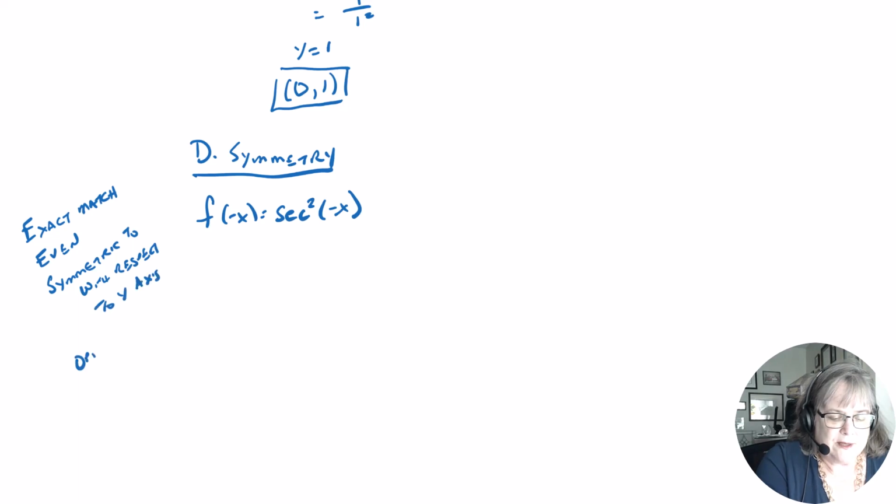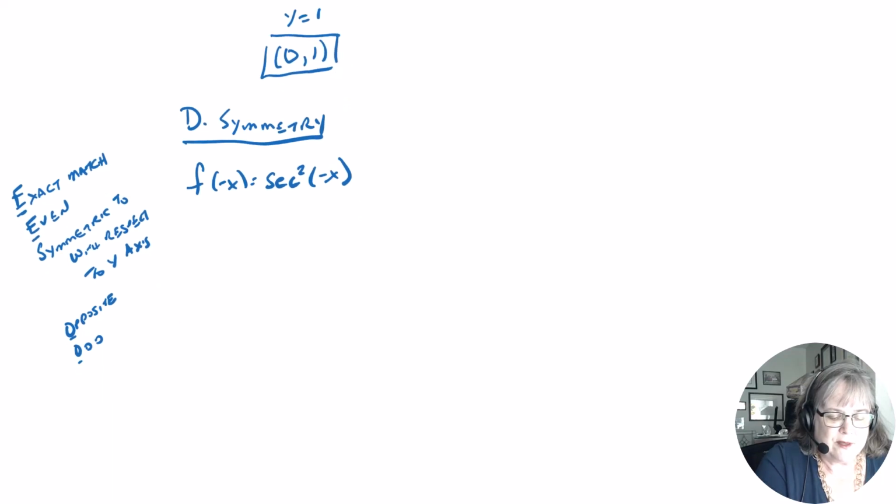And if it's the opposite throughout, and everything has to be the opposite of what it was, it's considered odd. I like seeing little patterns: exact and even, opposite and odd, which is symmetric with respect, goodness, to the origin. And this one kind of matches all the way down.